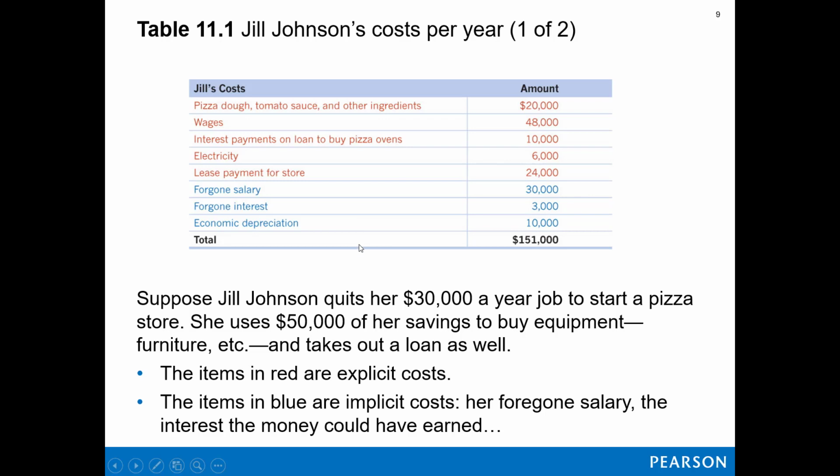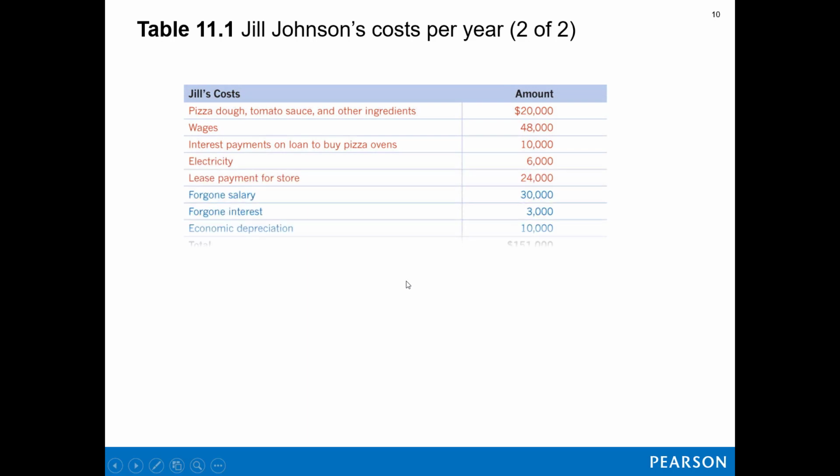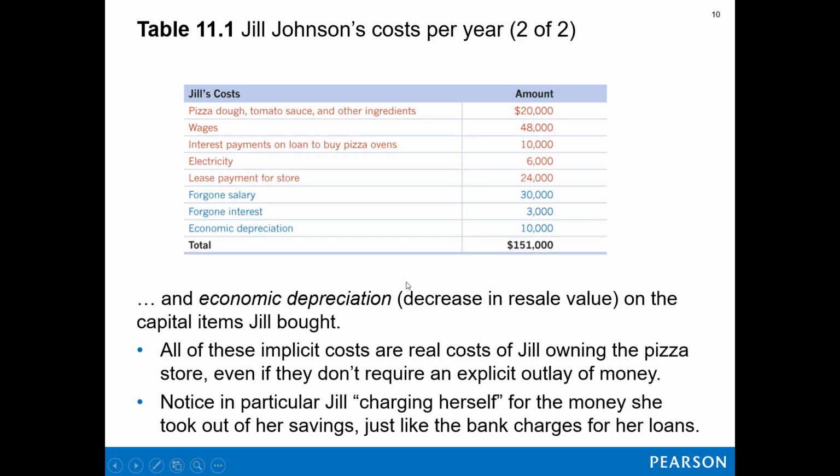Now, that's her explicit cost, but she also has to include the $30,000 she's giving up for the salary, $3,000 in interest that she was earning on the money invested, and the economic depreciation. An economic depreciation is a decrease in resale value on the capital items that Jill bought.